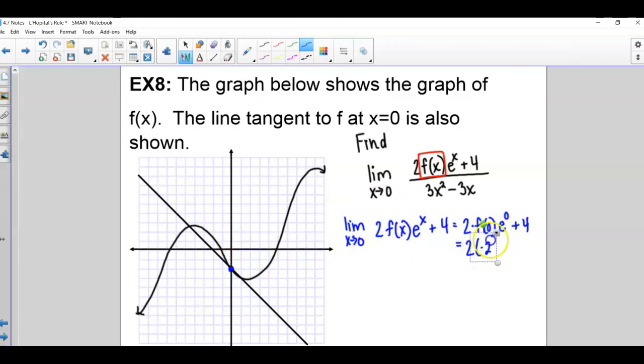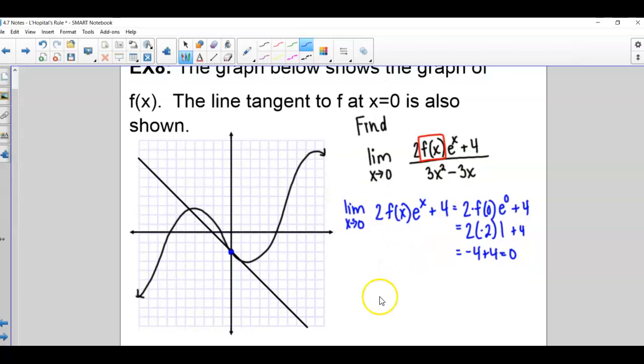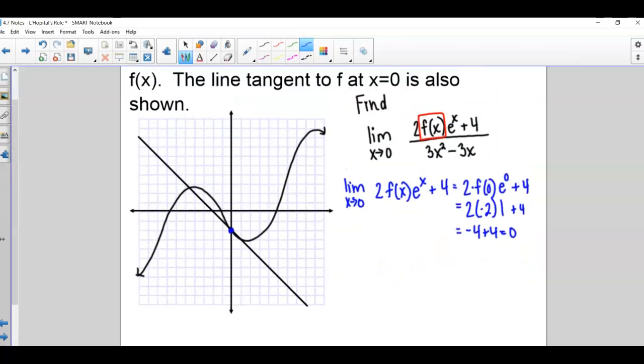So we've got negative 2. And e to the 0, anything to the 0 power is 1. So you'd have negative 4 plus 4, which does equal 0. So that tells us we get 0 in the top part. And then in the bottom part, if we do the limit as x approaches 0 of 3x squared minus 3x, if we plug in zeros there, we just end up with 0 minus 0, so we get 0.